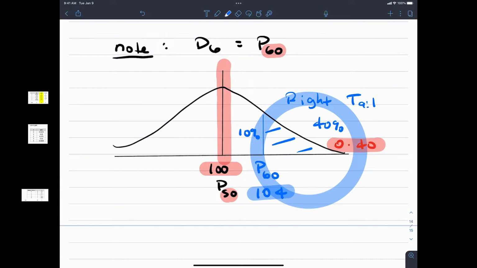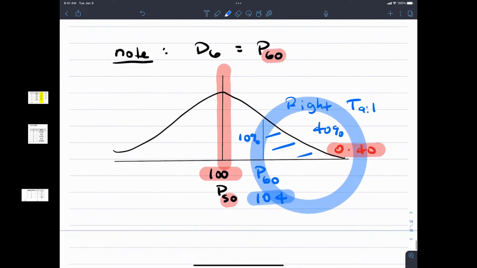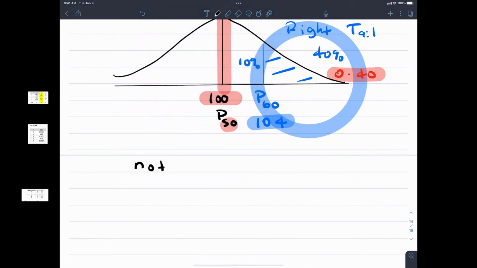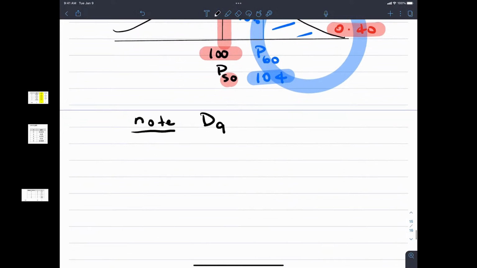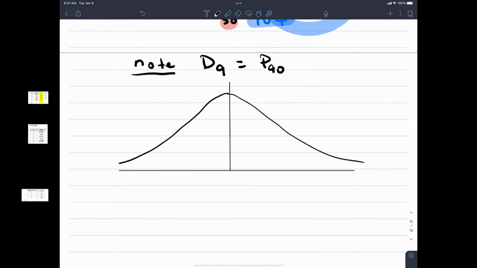So this is what people sometimes ask. You go, boy, Mr. Judge, they want to know the D6 value in this distribution. They may even ask you this question: what's D9? What's the definition? P90. Okay. 100 goes here.